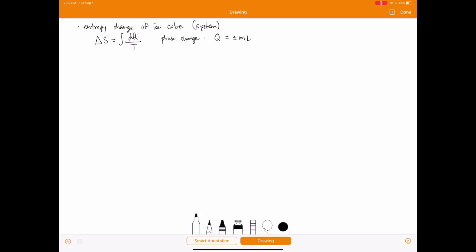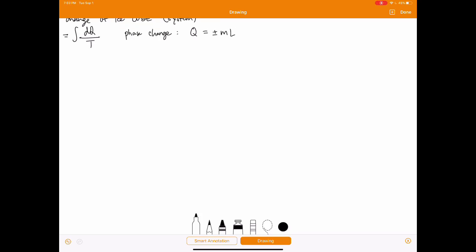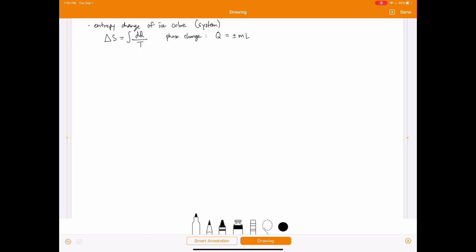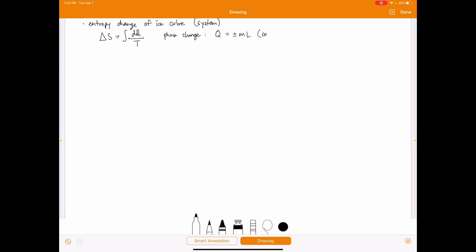Okay, so if we have a phase change, we also will remember that phase changes happen at constant temperature. So if we calculate delta S for the melting of the ice cube, we're going to have 1 over T, we can pull out the temperature because that's constant, times the integral dQ.